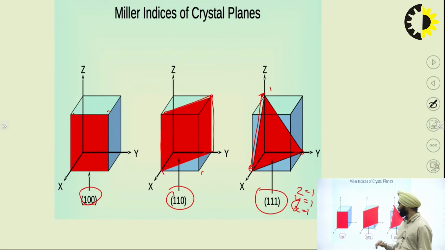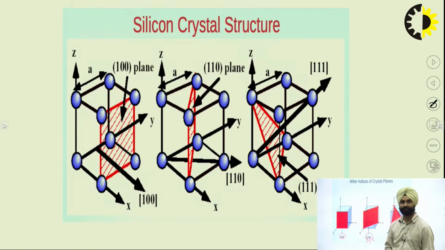For this structure, X is 1, Y is 1, but Z is 0. So we have X equal to 1, Y equal to 1, and Z equal to 0. These show the coordinates of that plane, which shows the crystal structure Miller indices.